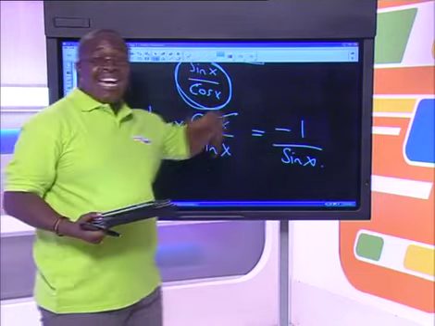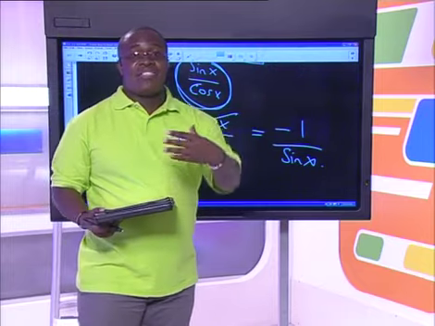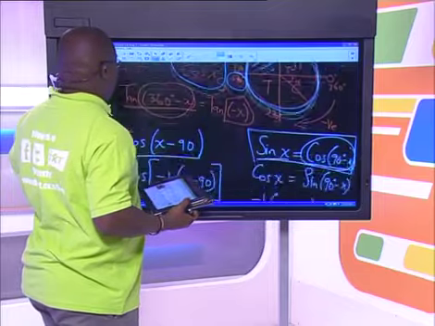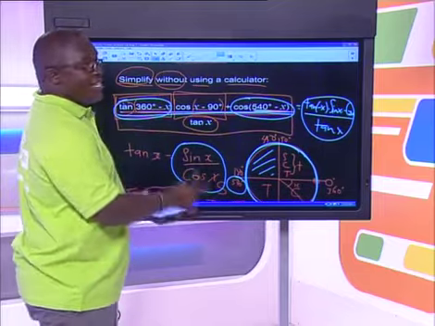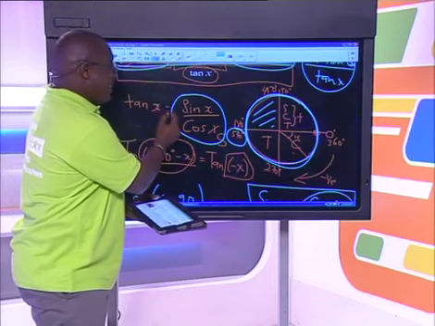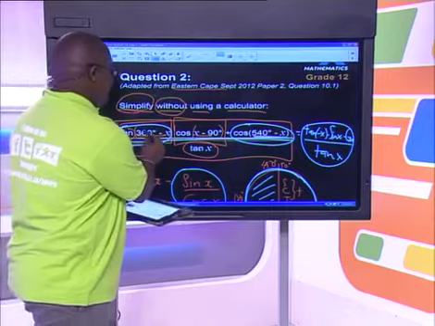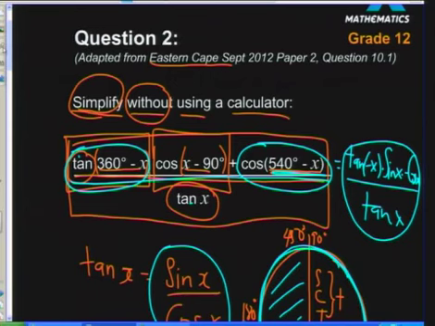Let me just do a high-level overview of what I've done here so that at least you might remember the steps. Our original question was tan of (360 degrees minus x) multiplied by cos of (x minus 90), so remember, it's the brackets there, plus cos of (540 minus x), which is also in brackets.